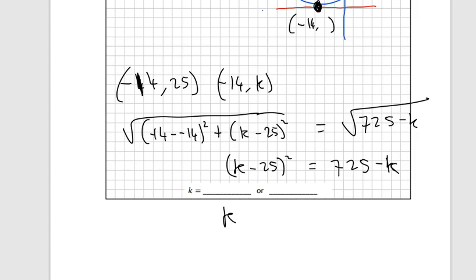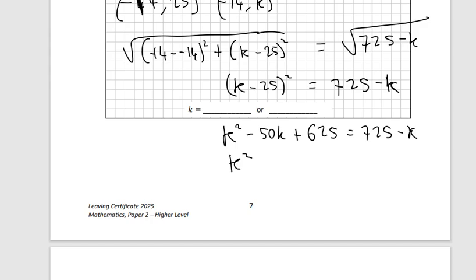Square out that, you'll get k squared minus 50k plus 625 equals 725 minus k. Then bring the k across.